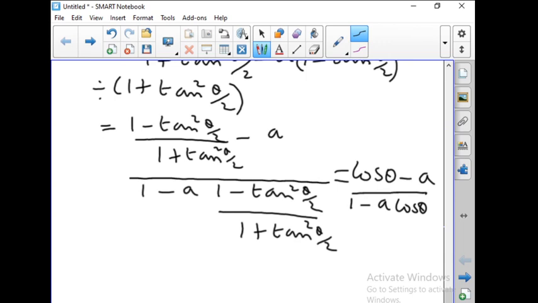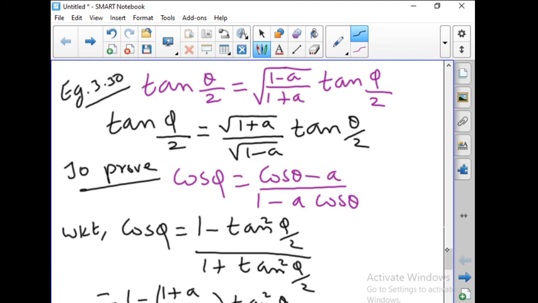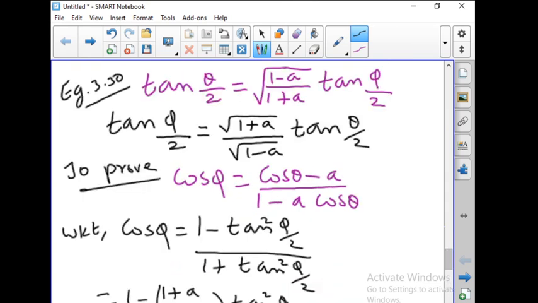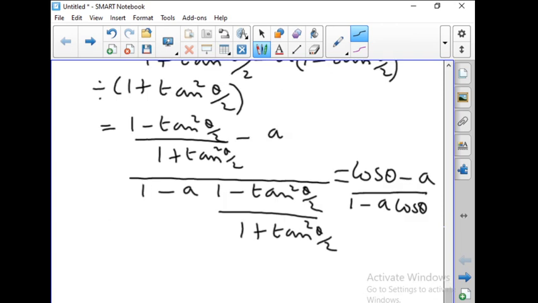So we have got cos phi equal to this, we have derived it. Okay, clear all of you? So which is equal to the right hand side. Hence we have proved.